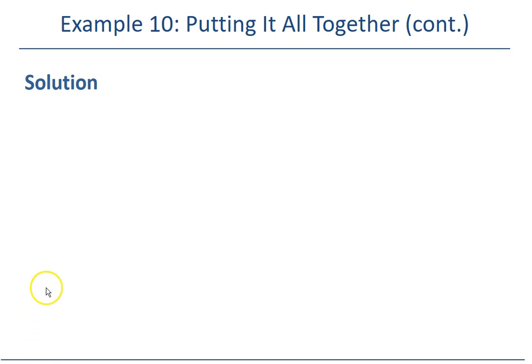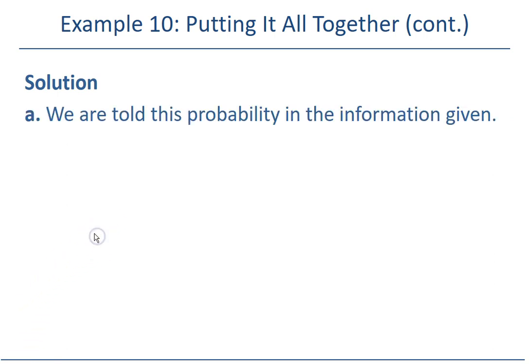Again, pause as needed. Solution to part A. Again, we were told this in the information given. That would be 1 out of 6 for part A. Generally, 1 in 6 men develop prostate cancer, which is this repeating decimal, about 17%.